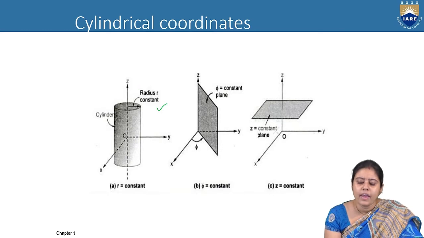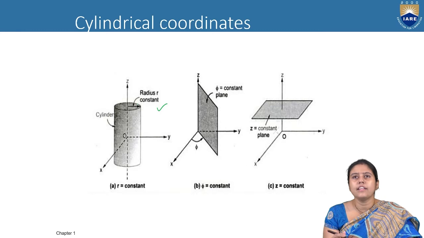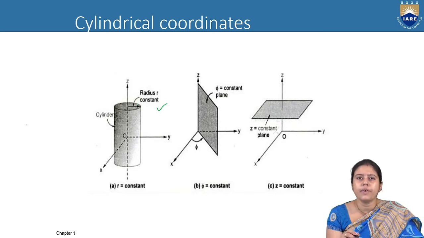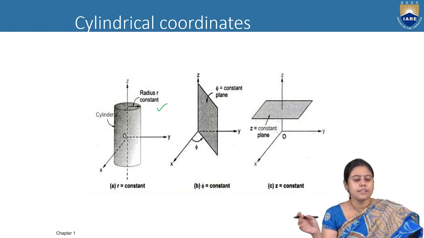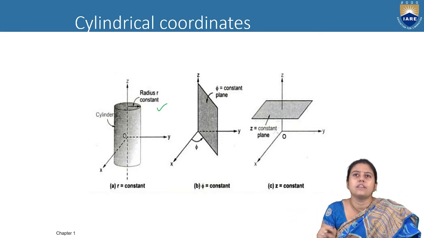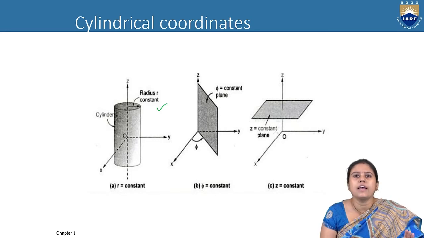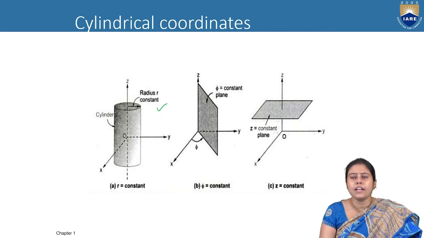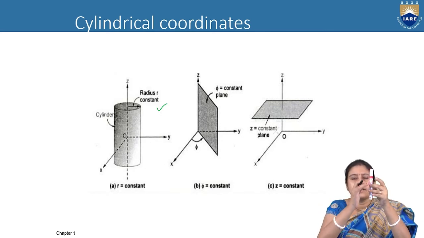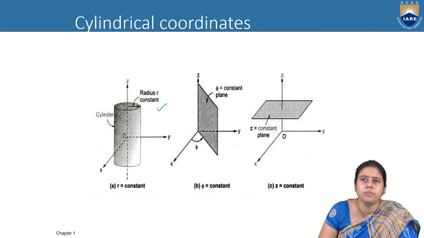If we change the radius, more radius means one big cylinder. So this is the constant angle plane. Another plane: if we cut it, we will get the Z plane. So we are getting 3 planes.